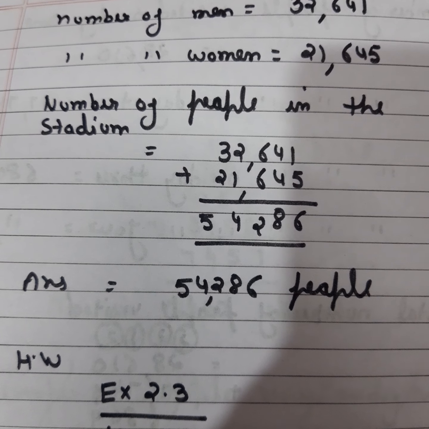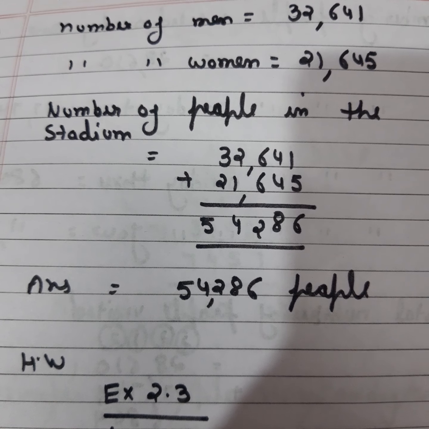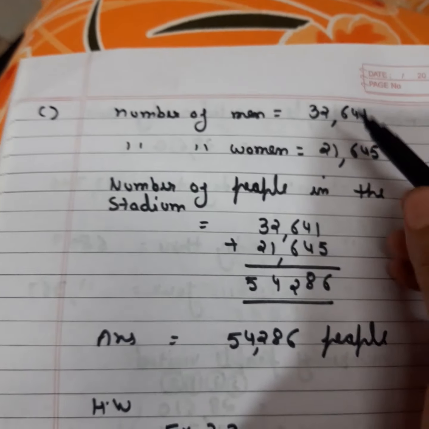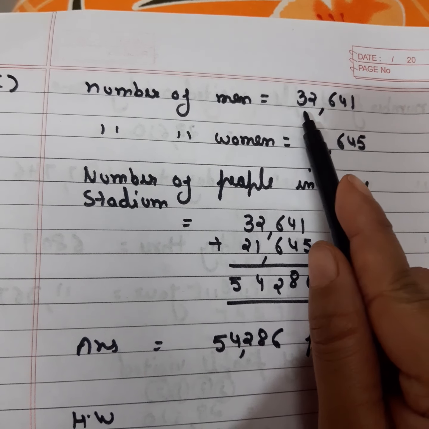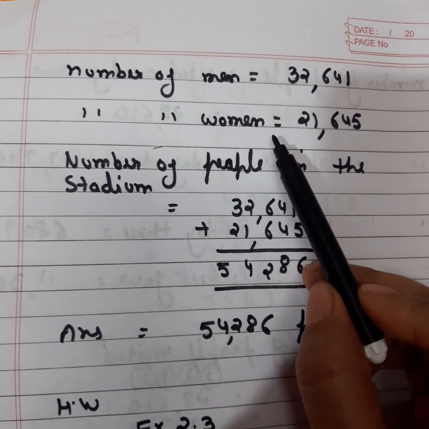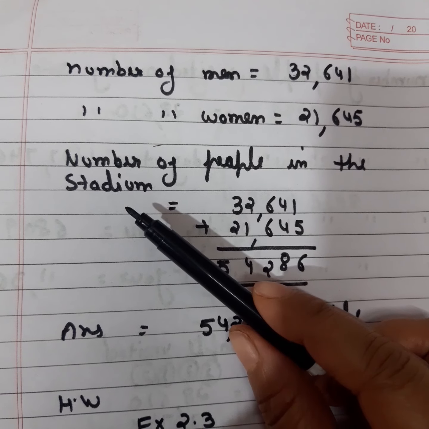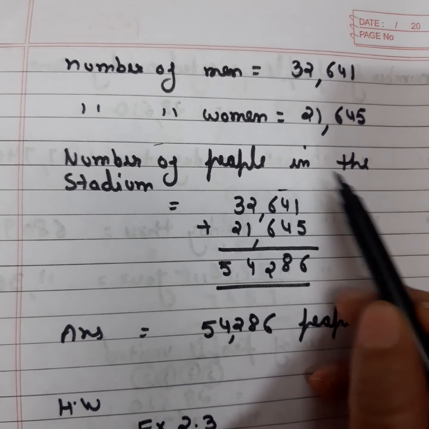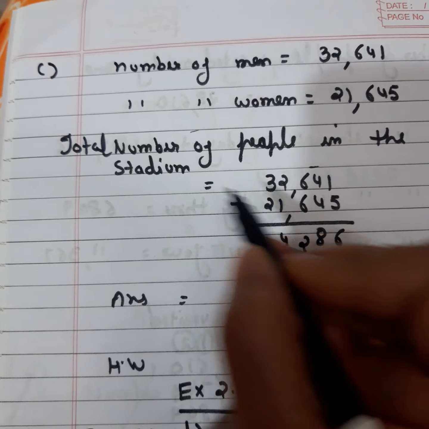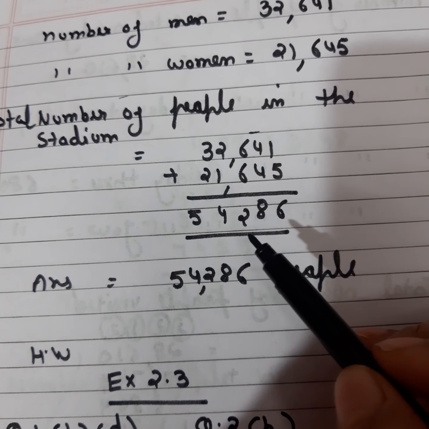So just leave the capacity. Clear? So number of men in the stadium is 32,641. Number of women is 21,645. We have to calculate the total number of people in the stadium. So we have to just add them.